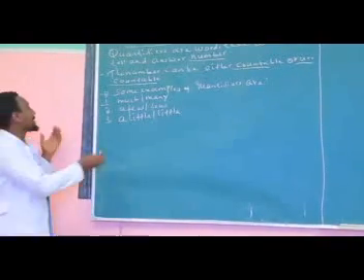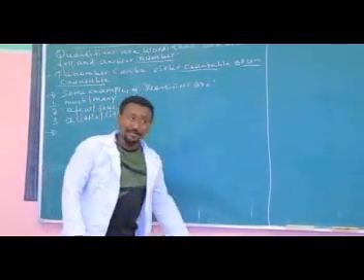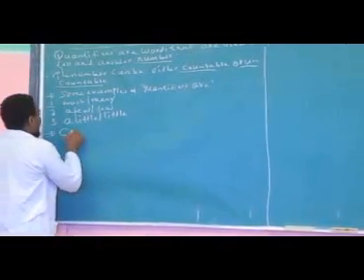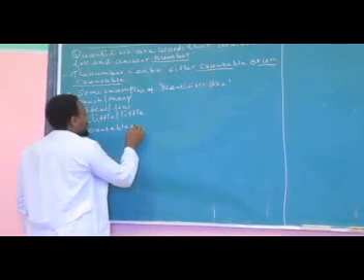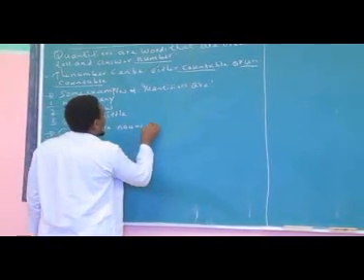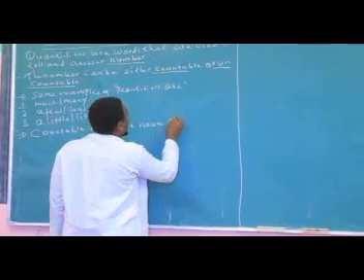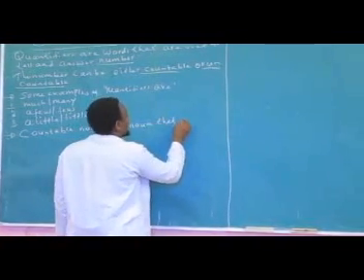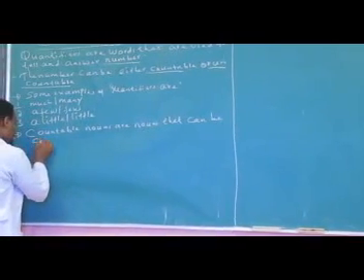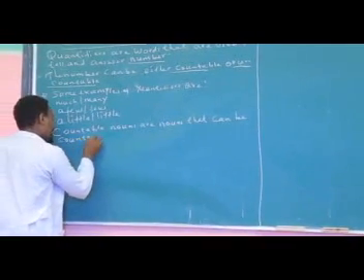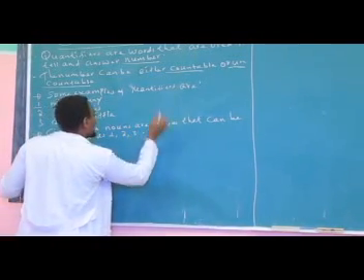Now, let's define what is countable and uncountable. Countable nouns are nouns that can be counted, as 1, 2, 3.